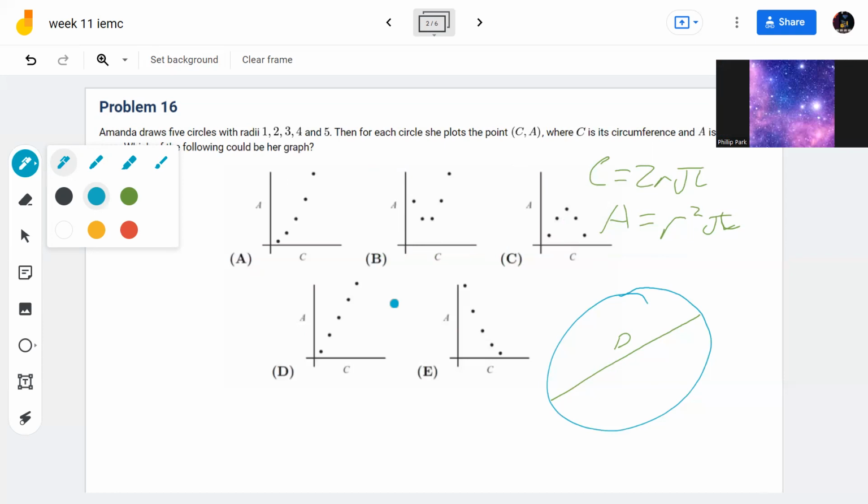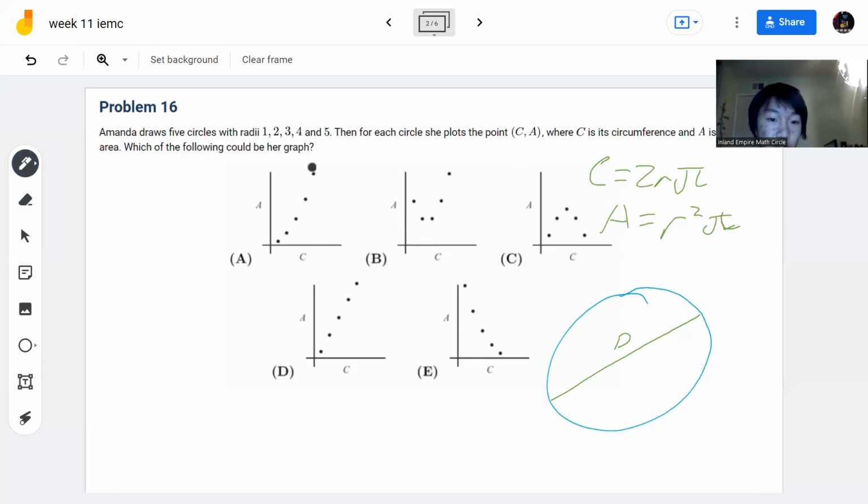This graph shows the relationship between the circumference and the area of a circle as the radius increases, so I'll make a little table on the side.